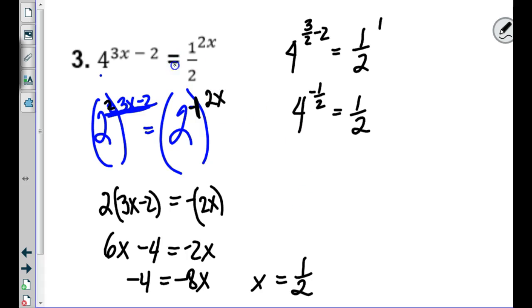If I plug it back in, I get 4 to the 3/2 minus 2, which is -1/2. So if I had 4 and I square rooted it and I put it in the denominator, would I get 1/2? I hope that makes sense to some of you. -1/2, right guys, means square root it and then it belongs in the denominator. Is that true? Okay.